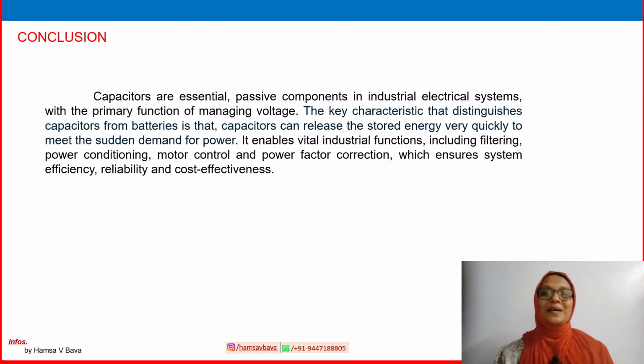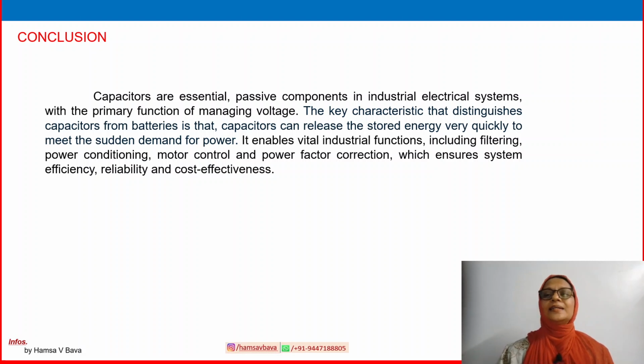So we have seen how a capacitor behaves to AC as well as DC, then the charging and discharging currents, and also the energy stored in a capacitor. An important property: capacitors are essential passive components in industrial electrical systems with the primary function of managing voltage.